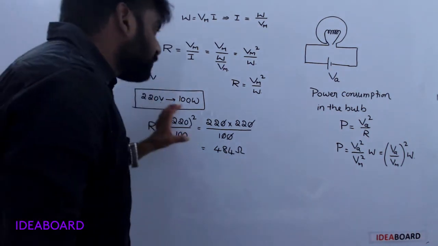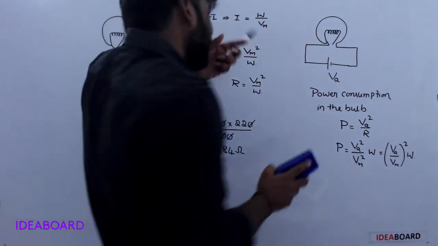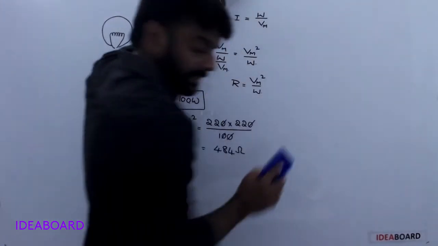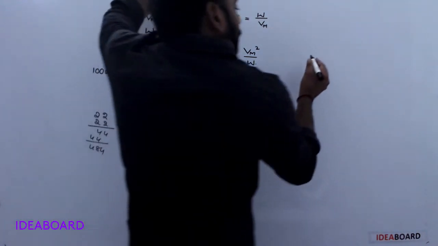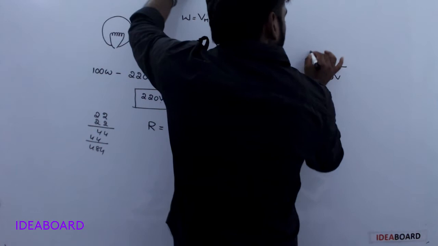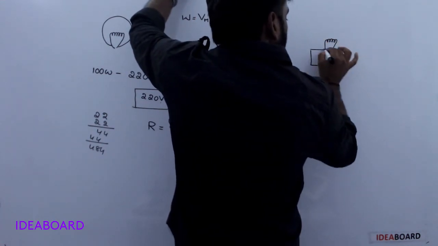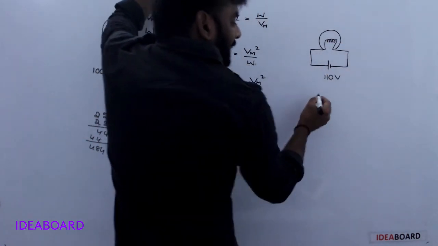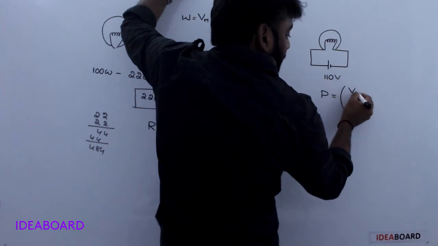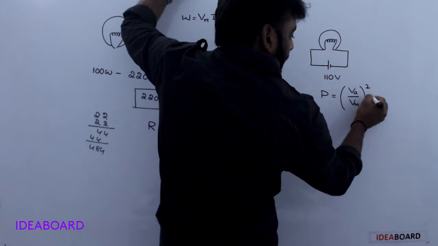Okay, this bulb is connected to 110 volts. Here power consumption is equal to V applied by V suffix M whole square into wattage. Understood?